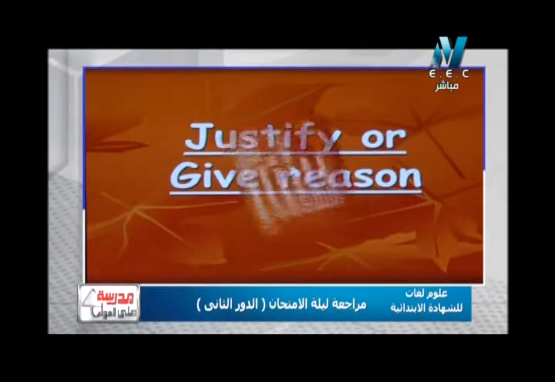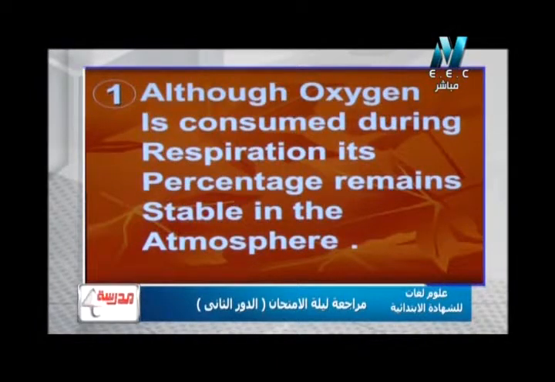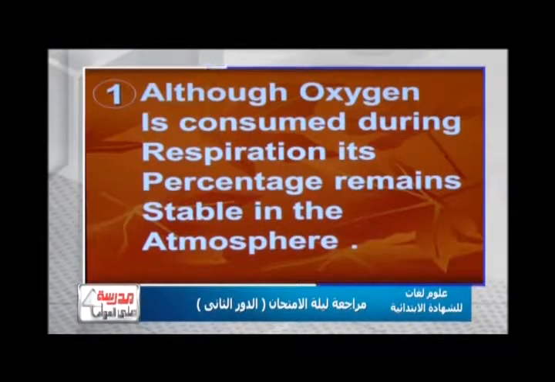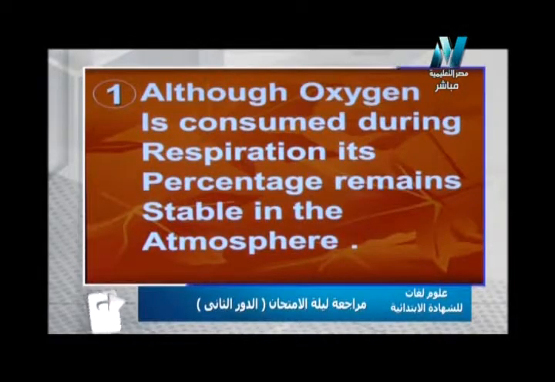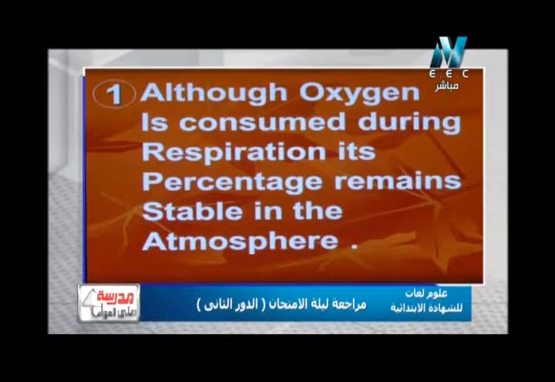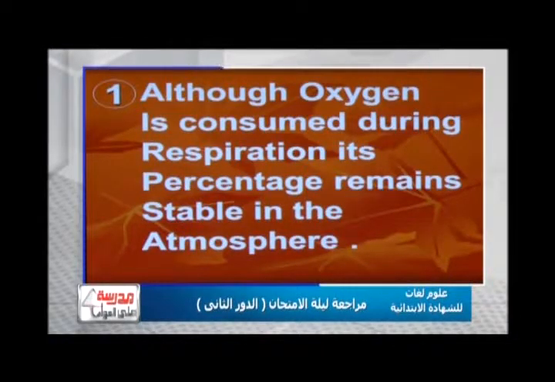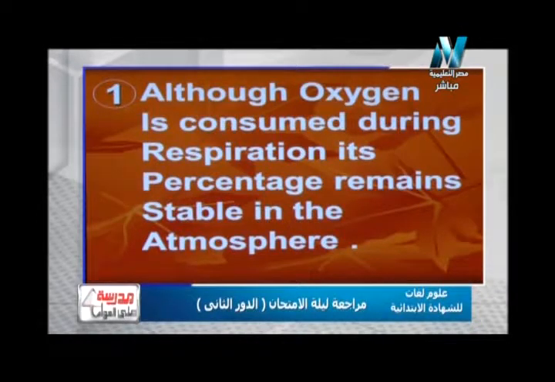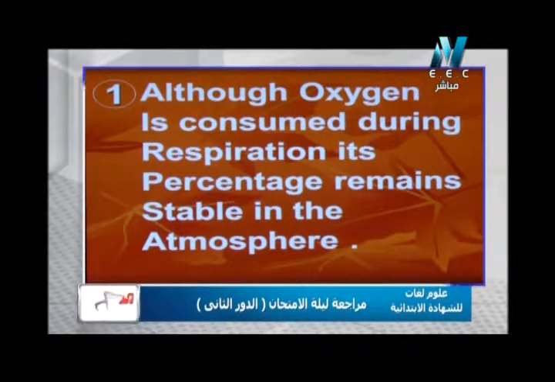So the first question says, give reason: although oxygen gas is consumed during respiration, its percentage remains stable in the atmosphere. The question looks a bit long but it is very easy. Although oxygen gas is consumed during respiration, its percentage remains stable in the atmosphere. Even though it is consumed in respiration, it stays constant, meaning it doesn't run out. Why doesn't oxygen run out?